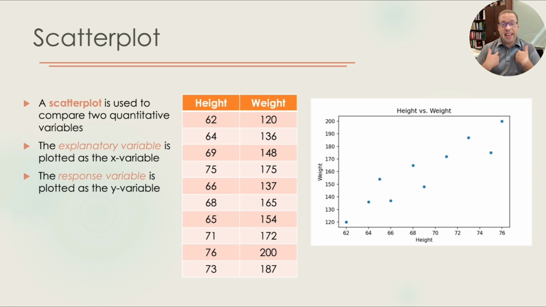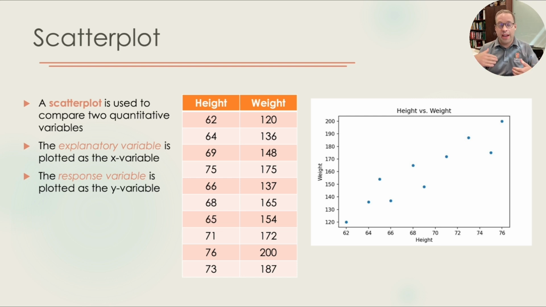If I gain weight, will that change my height? No, not necessarily. That doesn't make sense. I'm at an age where my height is done. I'm not going to change my height very much at all. So I could put on as much weight as I want, and it will not change my height. But if I were to change height, would that influence my weight? Yes, it would.